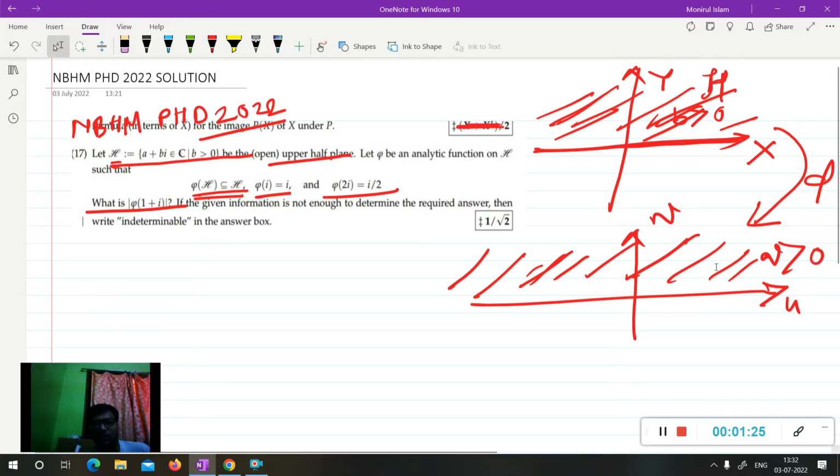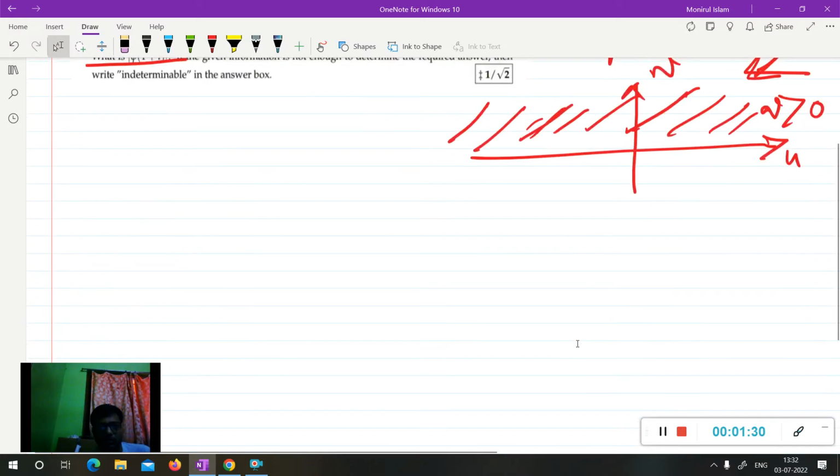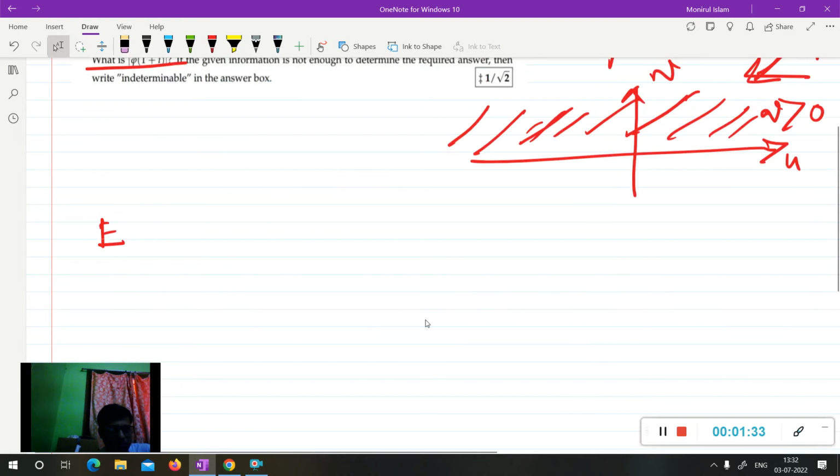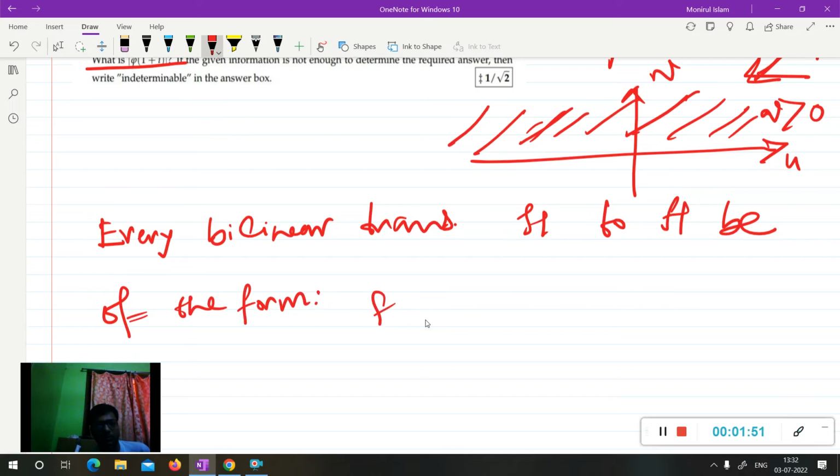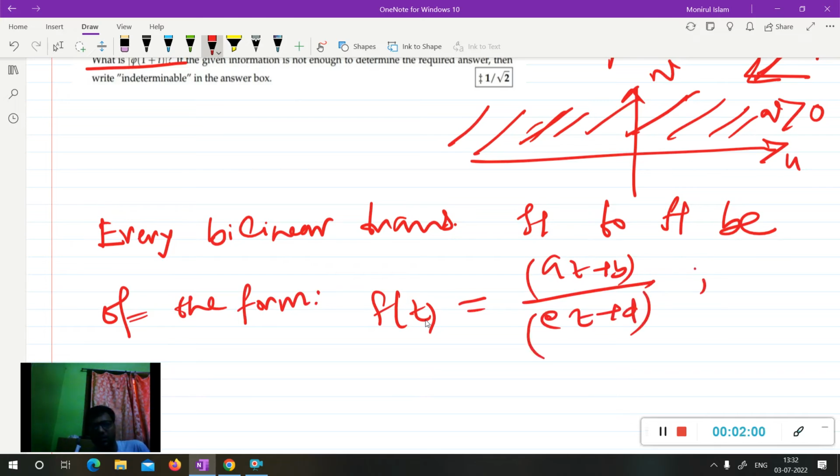So we know every bilinear transformation that maps the upper plane H to the upper plane H is of the form f(z) equal to (az plus b) upon (cz plus d), where ad minus bc should be greater than 0.